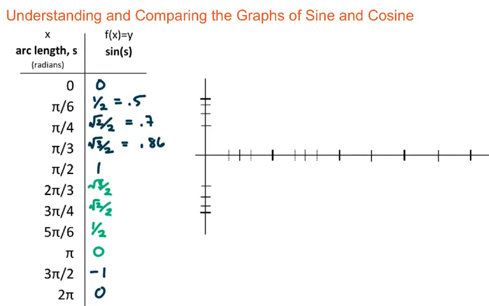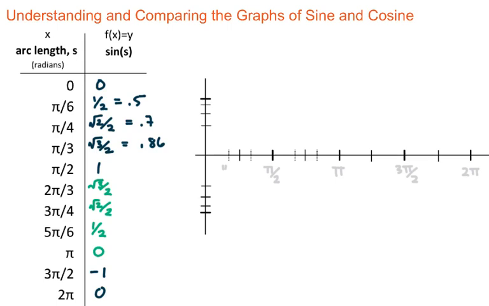So for the quadrants, I've got pi over 2, pi, 3 pi over 2, and 2 pi. Each of these first two quadrants, I broke up into pi over 6, pi over 4, pi over 3, etc. So I'm going to list those values on here.